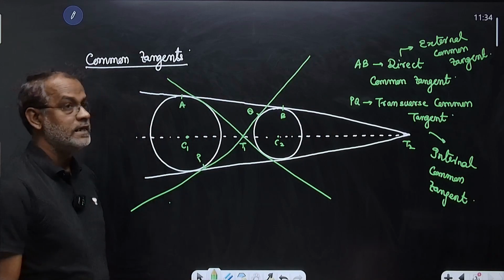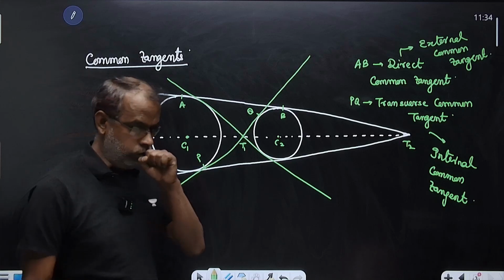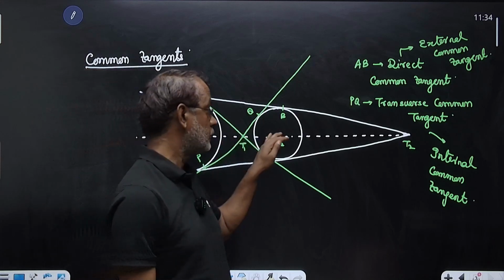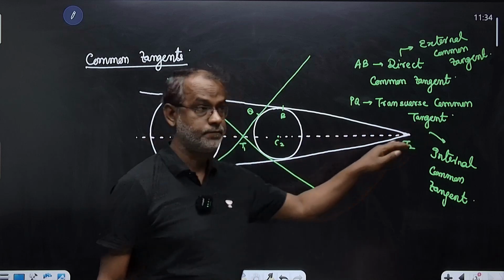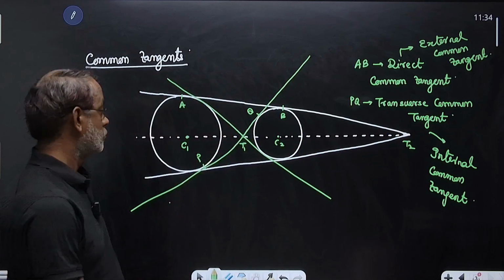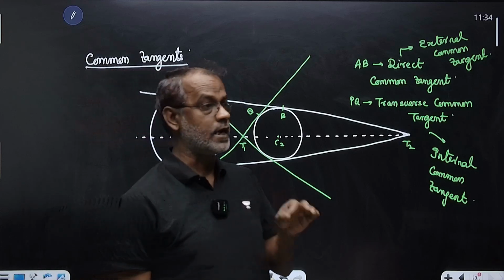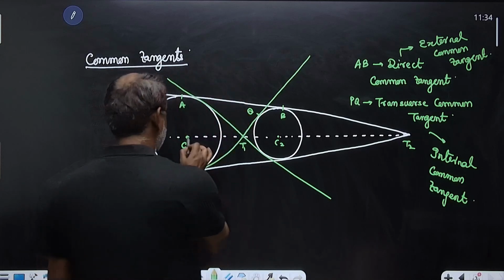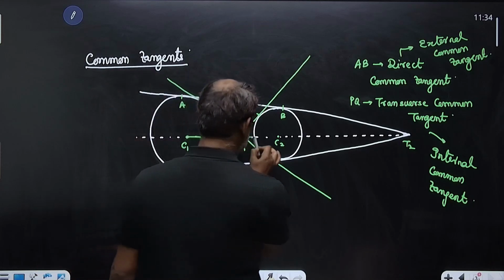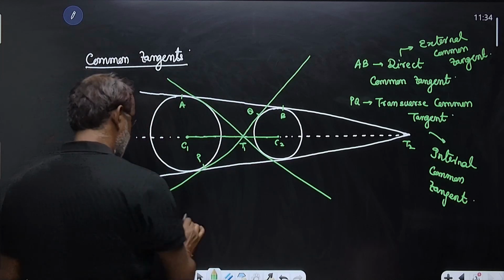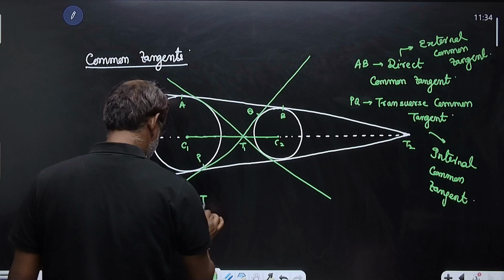What we see is that in circles, the line joining the centers C1, C2. So, what we see is that the internal common tangent divides the line joining the centers in the ratio of radii.